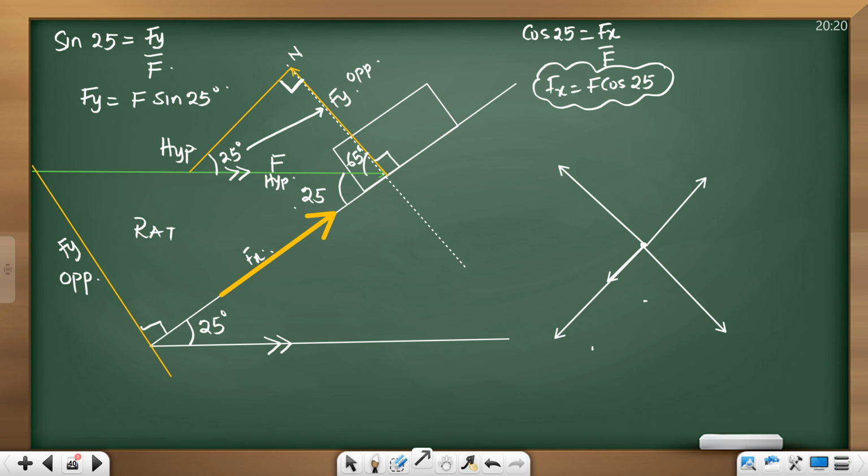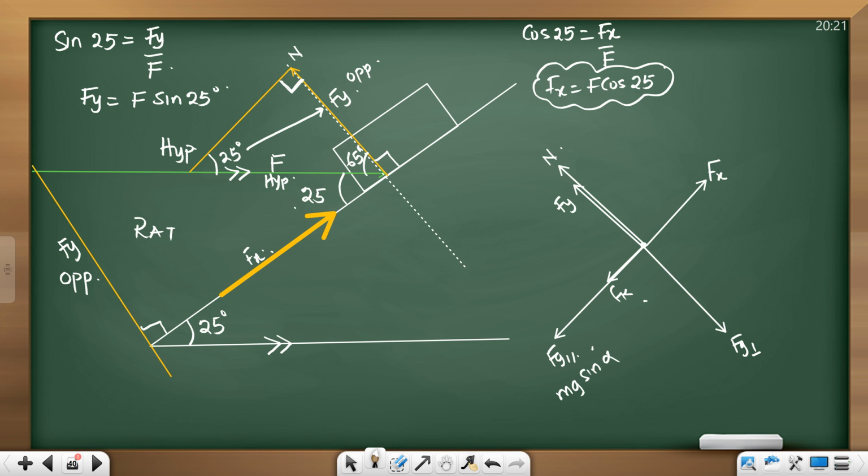F parallel, force applied parallel, and force applied perpendicular. Can you see we have successfully converted all our forces to vertical and horizontal? Fx, Fy, normal, friction, Fg perpendicular, Fg parallel. Please let me know if we are all on the same page now.